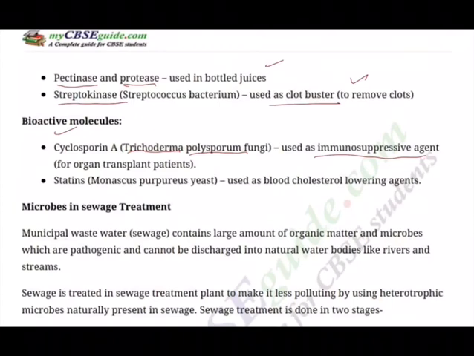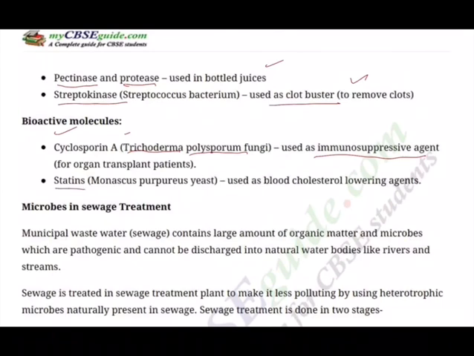To suppress this, cyclosporin A is used in the host, so that the immune system is temporarily suppressed and the host can receive the organ from the donor. So there it plays a crucial role, cyclosporin A.